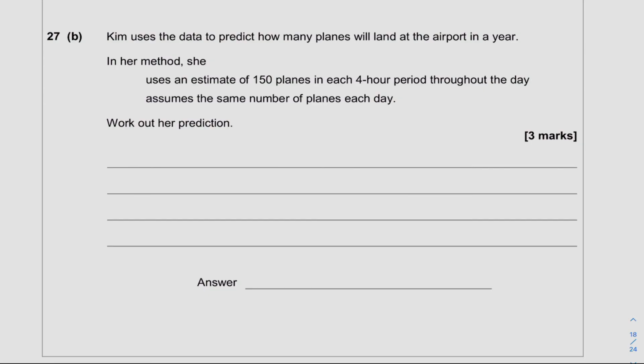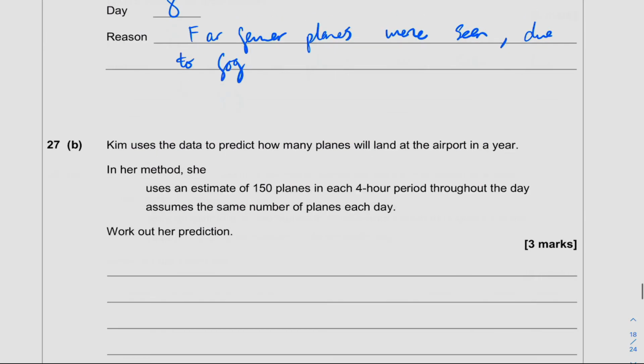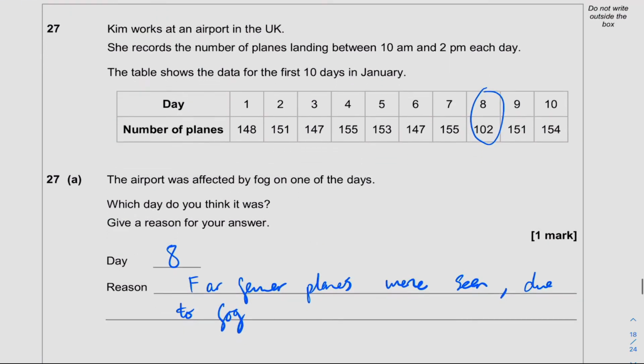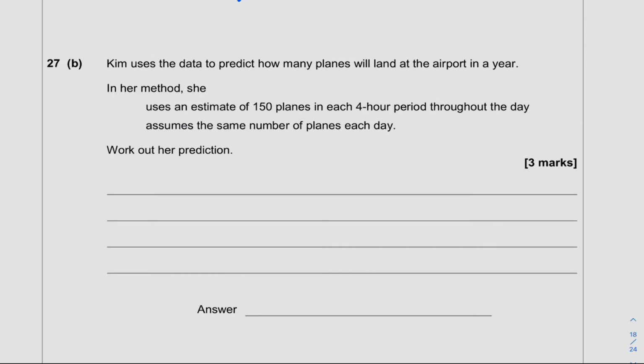Right, okay, so for part B of question 27, where we're leading on from the data Kim took from number of planes landing per day in an airport, we are told that she's going to use a method to predict how many planes will land in a year. In her method, she uses an estimate of 150 planes in each 4-hour period throughout the day, okay, and she assumes the same number of planes each day.